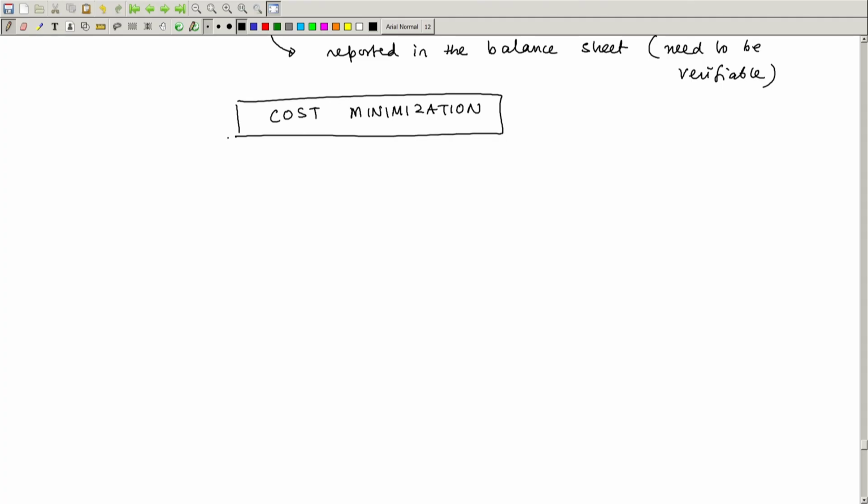Okay. And we will look at the two input case. So as before, you have Q equals f of L, K, right, and this could be a particular functional form, L times K or square root of LK. Now I want to distinguish between two cases, and we will be very specific about each of these cases.